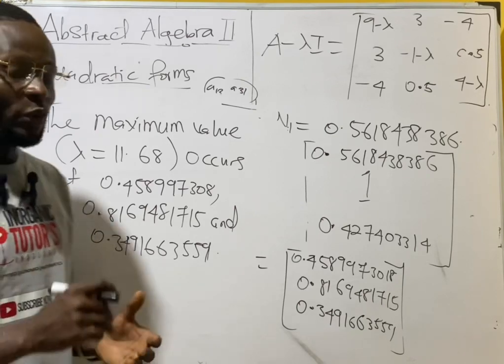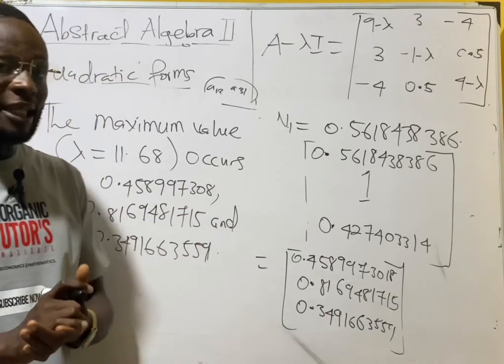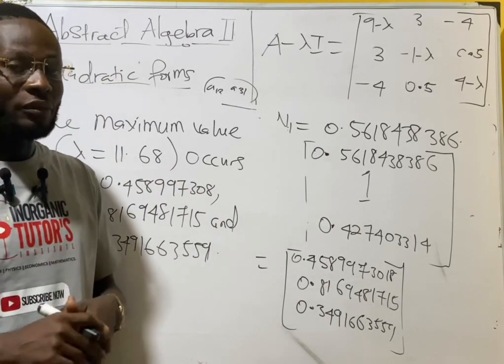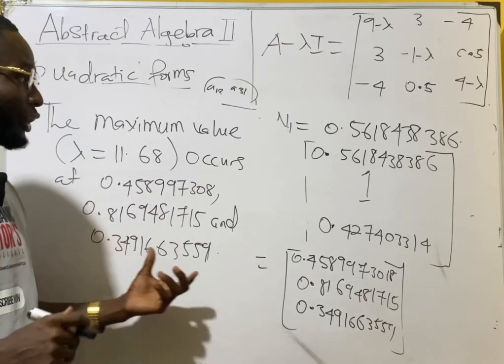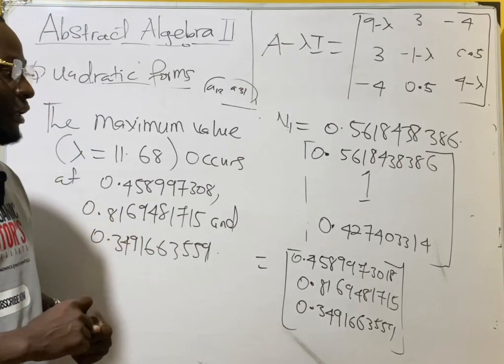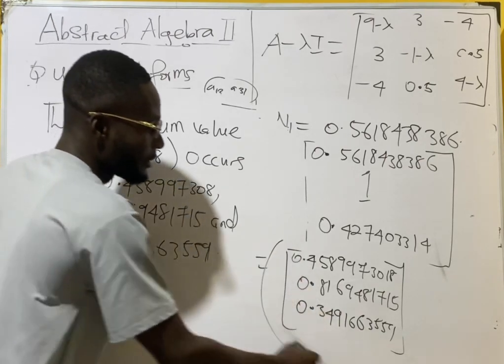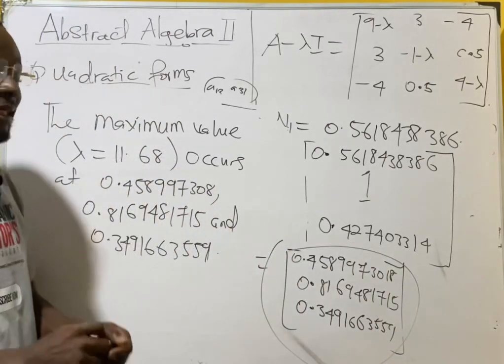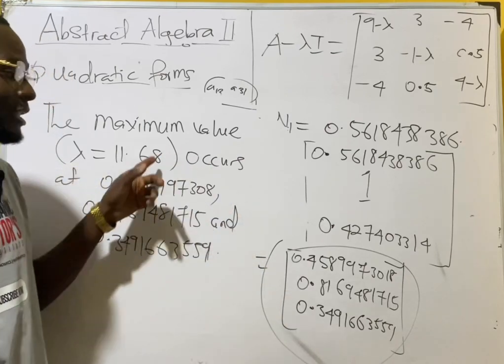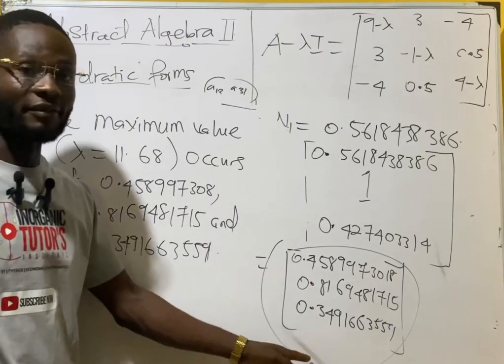Okay, so we have been able to determine the maximum value and where it occurs. So we normalized it, and after normalization we had this, right? So this is where it occurs. The maximum value occurs at these values.